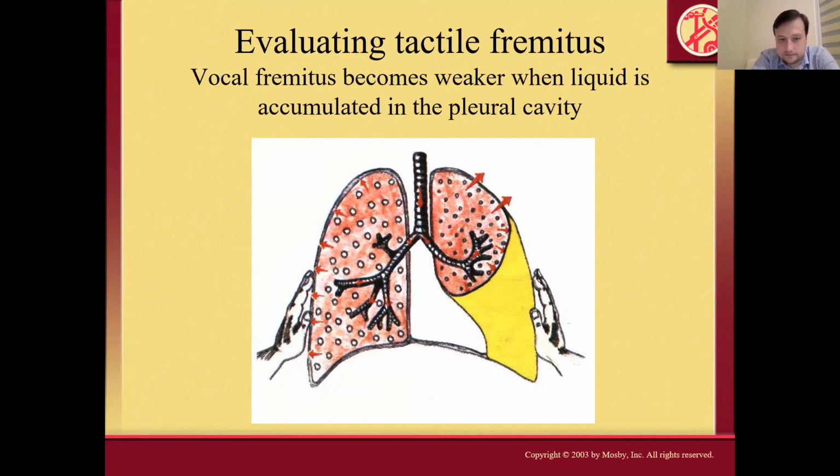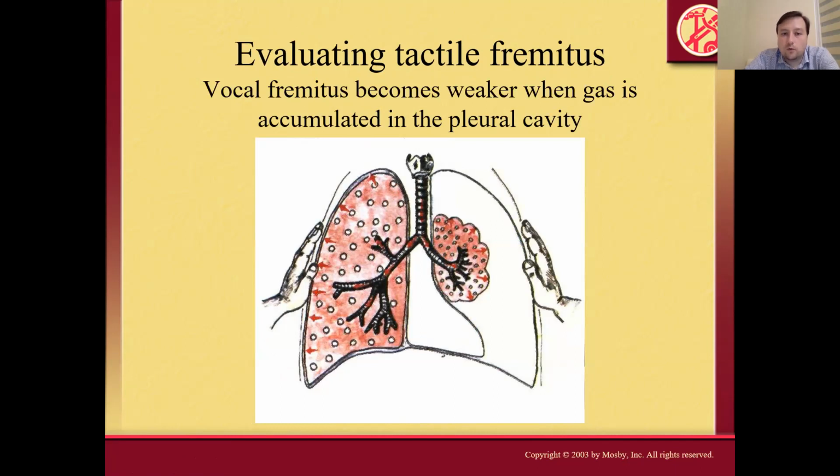As you see on the left part of the picture, vibration is normal. On the right part of the picture, in the apexes we feel vibration, in the lower parts we don't feel any vibration. So, weaker vocal parameters.